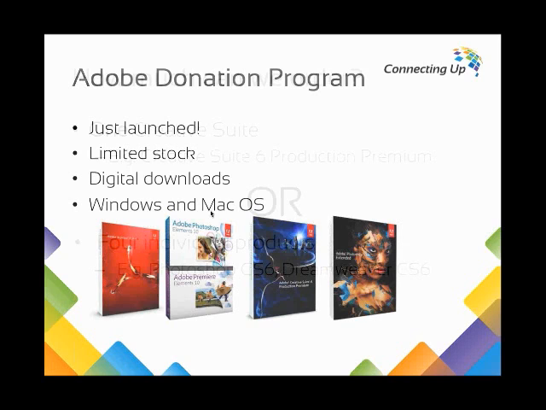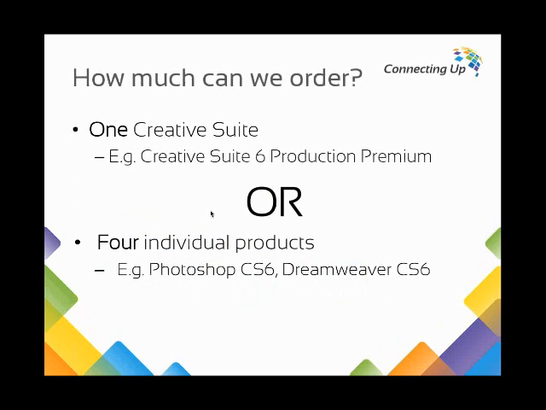So the main thing you probably want to know is how much can we order? The answer is one creative suite. So we have a couple of different creative suites, and I'll go into what a creative suite is in a little bit more detail later on. Or you can order 4 individual products. So we have Photoshop and Dreamweaver and a couple of other things like that.